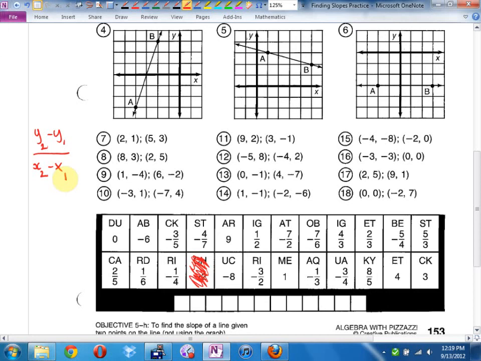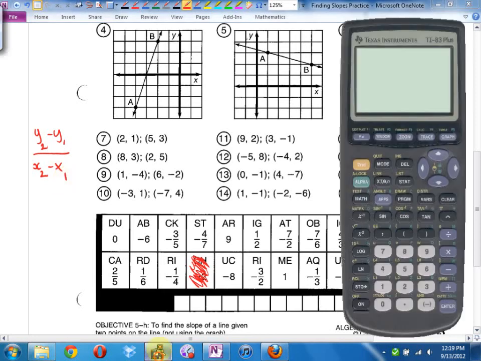But if you want to, I give you permission to get your calculator out right now, or your brain. And I actually just go y2, that's the second y value, which is -1, minus y1, which is the first y value, 2. The top of this fraction is going to have a negative 3 on it.